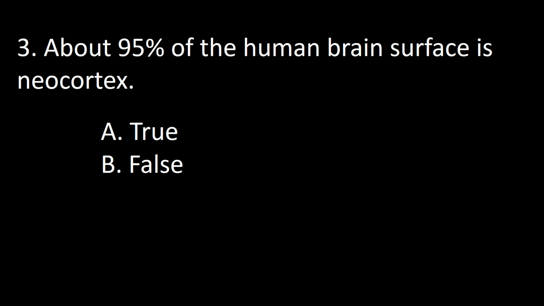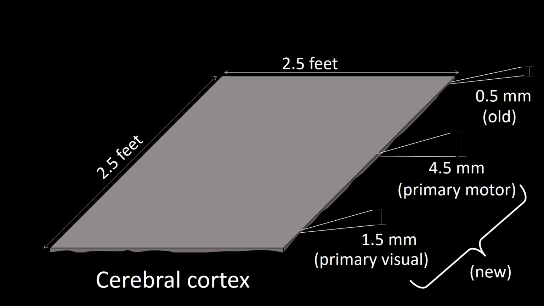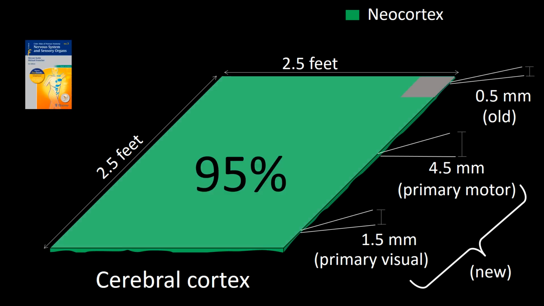Next question. About 95% of the human brain surface is neocortex. A, true; B, false. The cerebral cortex has, from an evolutionary perspective, three types of cortices. The neocortex, such as the primary visual cortex and primary motor cortex, occupies about 95% of the cerebral cortex in humans.